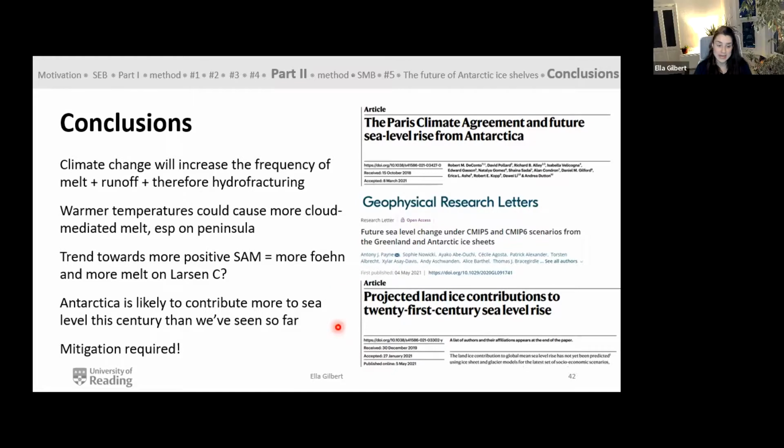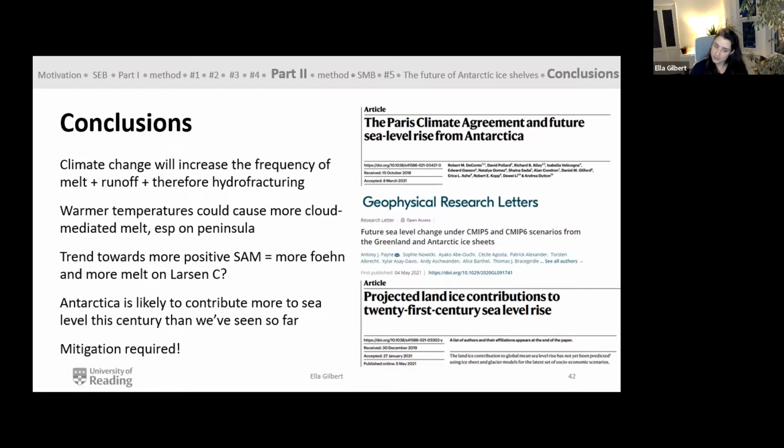And ultimately, I'd say that Antarctica is likely to contribute more to sea level this century than we've seen so far. Mitigation is, of course, required if we want to avoid the worst case scenarios. And if I did have to place bets, I would say that maybe I'm biased, but it would seem like Larsen C could be one of the next ice shelves to see considerable melting.